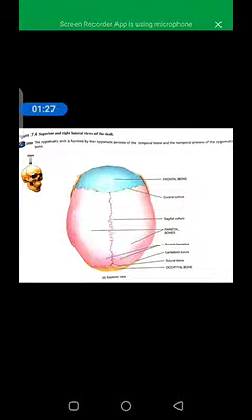The lambdoid suture connects the parietal bones, the sutural bones and the occipital bone, and it is at the back of the skull.